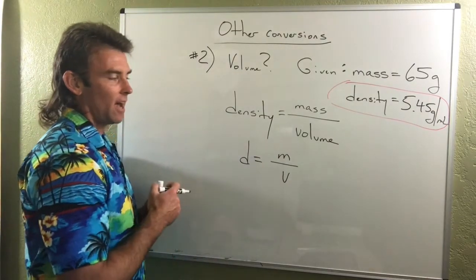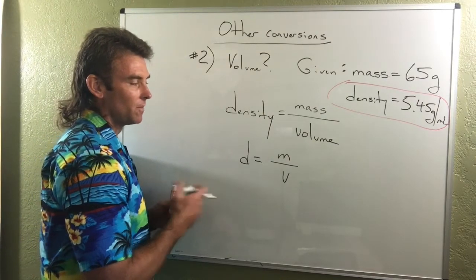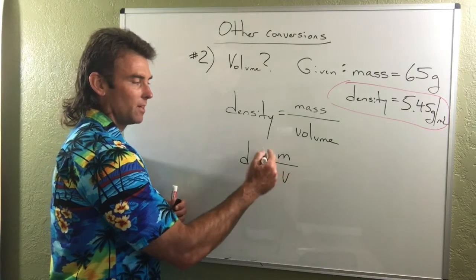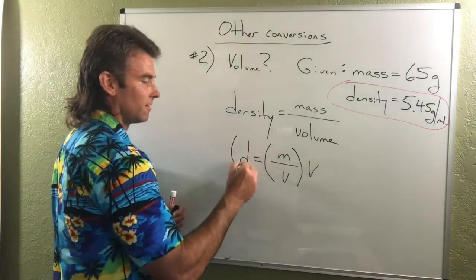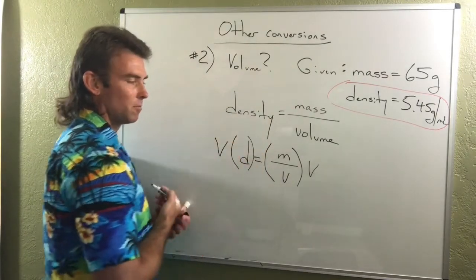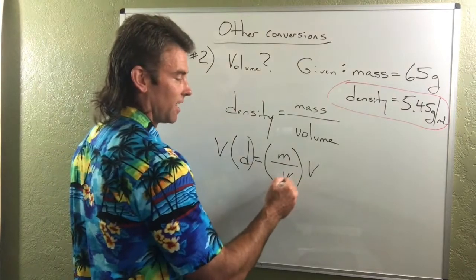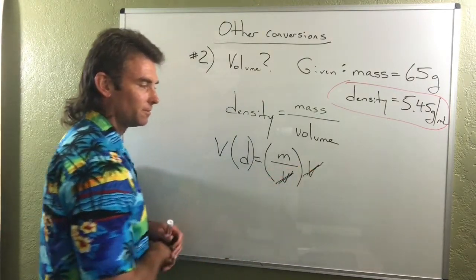There's, like I said, a bazillion different ways to do this. But since I've got volume in the denominator, what I'm going to do is multiply both sides by V. By doing that, just like we saw in dimensional analysis, anytime one value is over another, it cancels out.